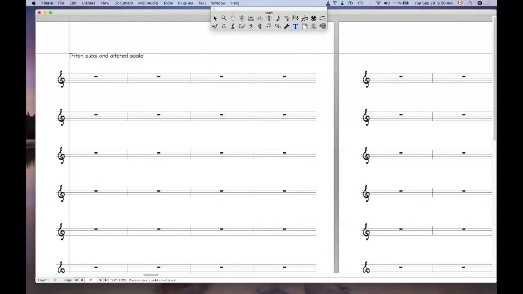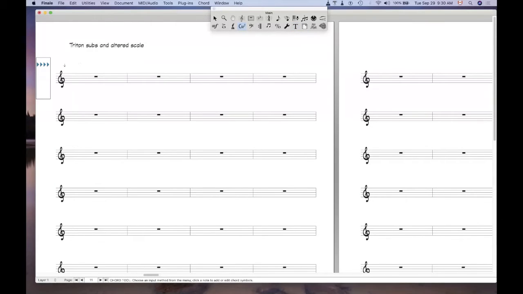Let's see. The Triton sub is when you take a dominant chord, say G7, and you replace it by the dominant chord a triton apart, a flat fifth apart, or a sharp fourth apart. Here D flat 7. They both have in common the 7, sorry an octave too low, the 7 and the 3rd.